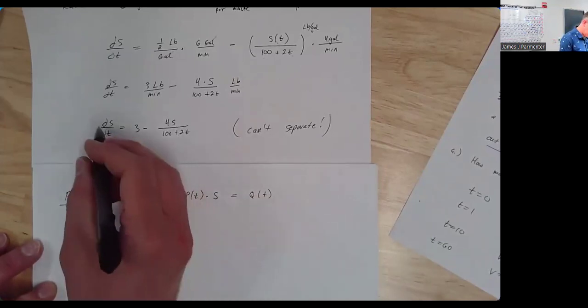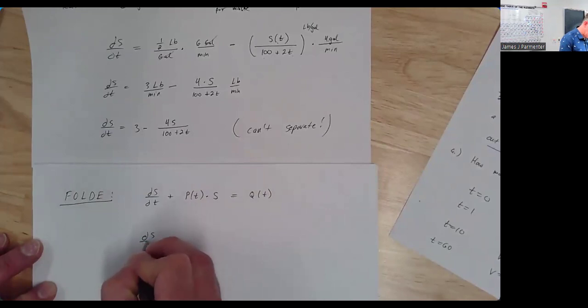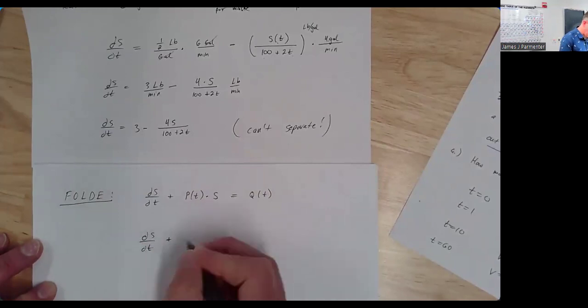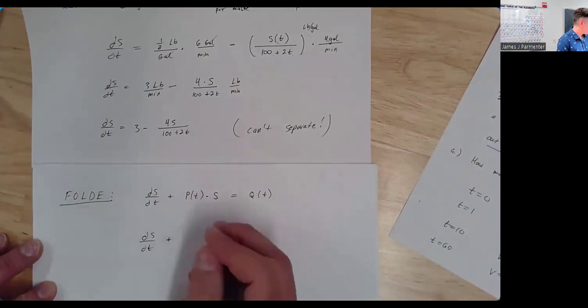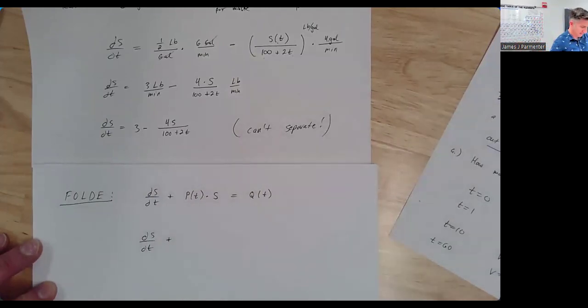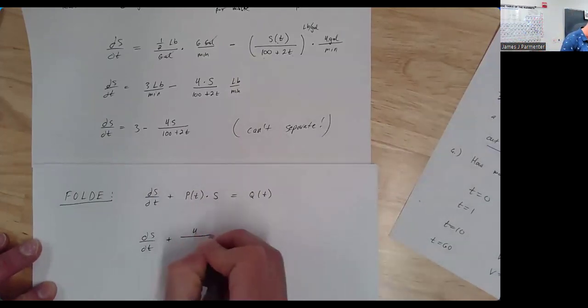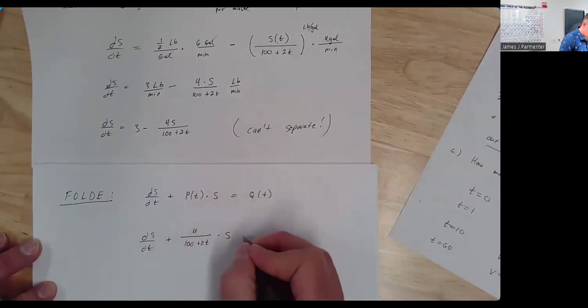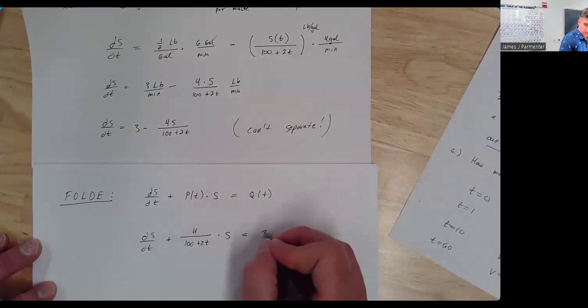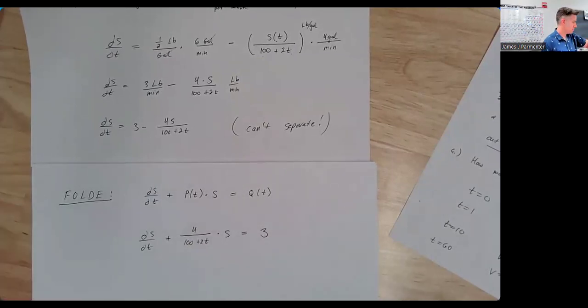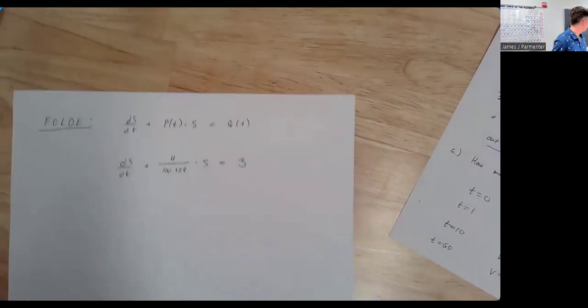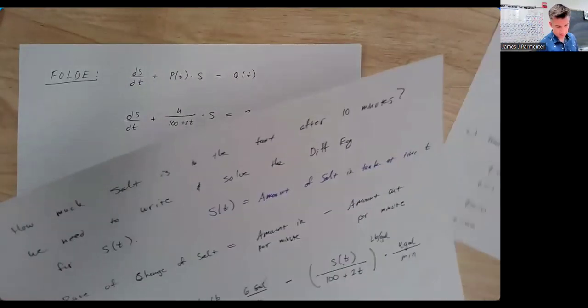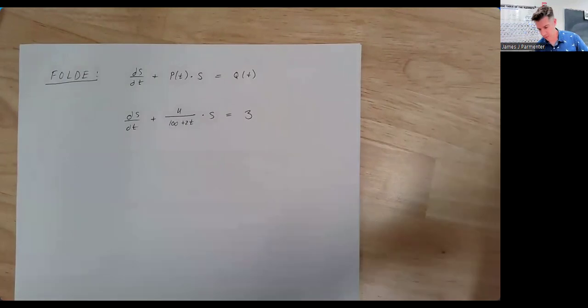I'm going to write this as ds/dt plus 4 over 100 plus 2t times s equal to the remaining stuff over there, which is 3. And that looks good as far as what we have to deal with.